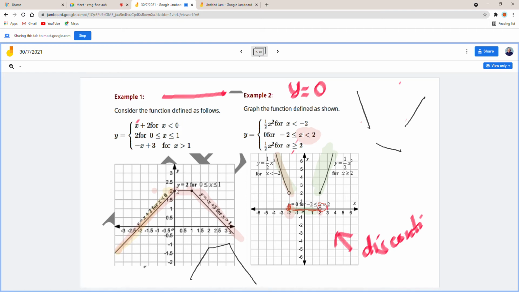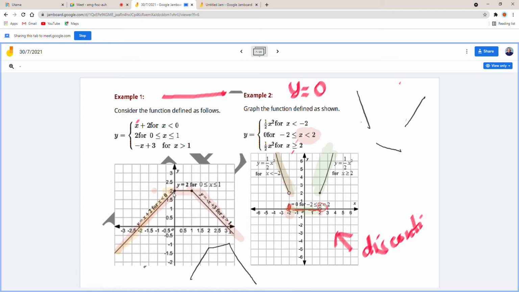Less than 0 means you start from 0, but you have to start from 2. Why are you starting from 2? Because here is 2. The straight line starts from 2, so you have to connect it.